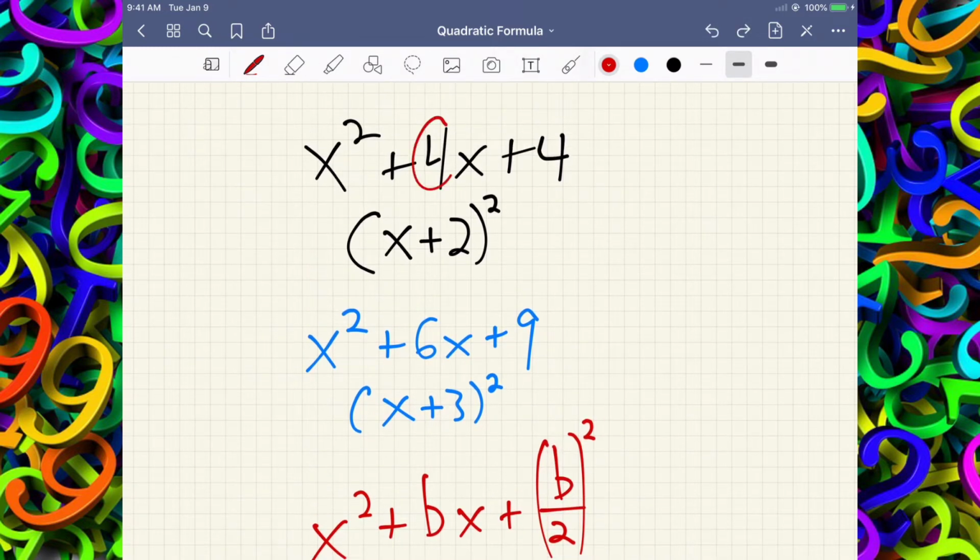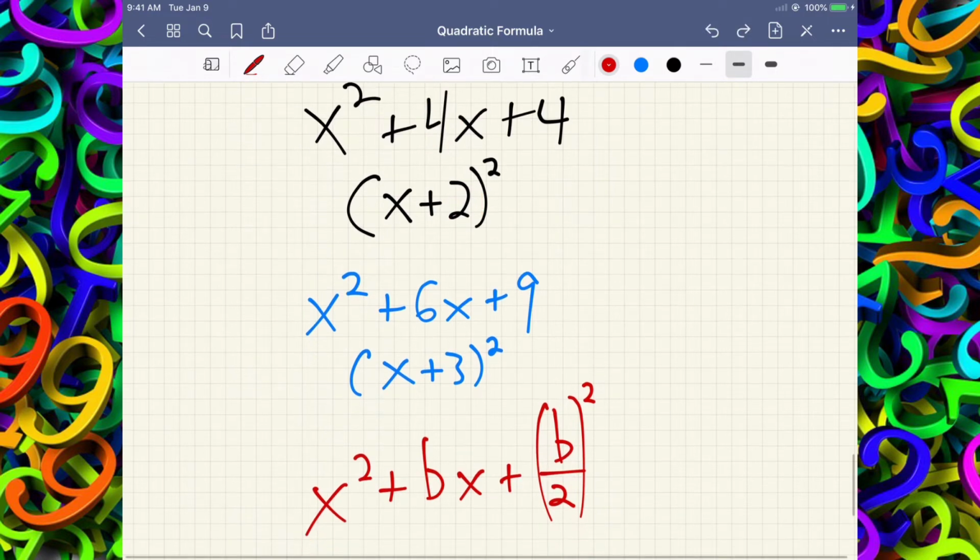Notice half of 4 is 2, and 2 squared is 4. And then when we factor it, it's just that half, right? Same thing happened in this blue example. Half of 6 is 3, and 3 squared is 9. And when we factor it, notice it's just half of that value.